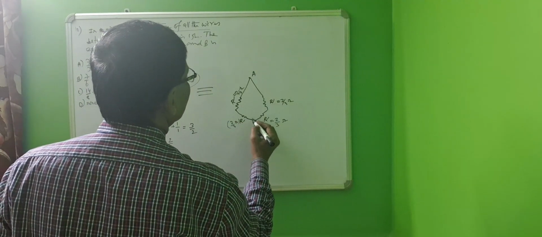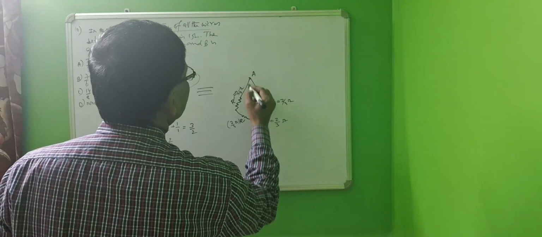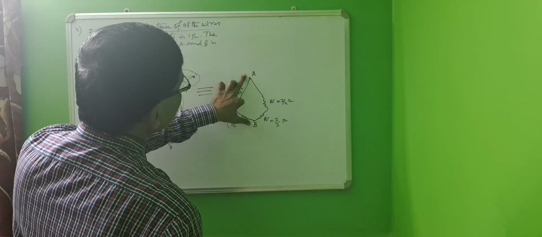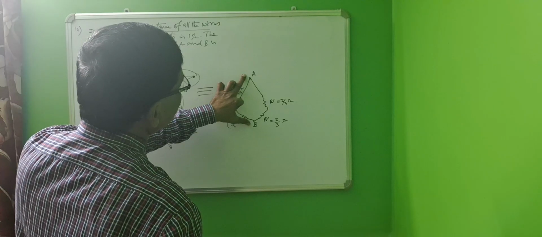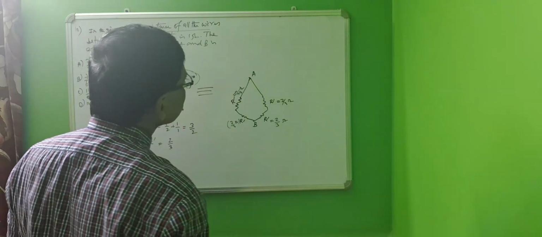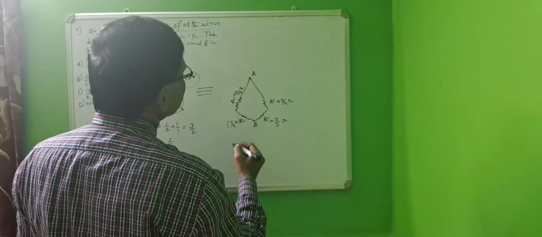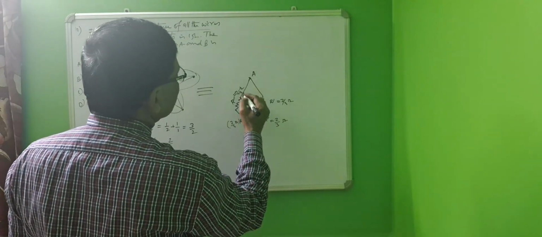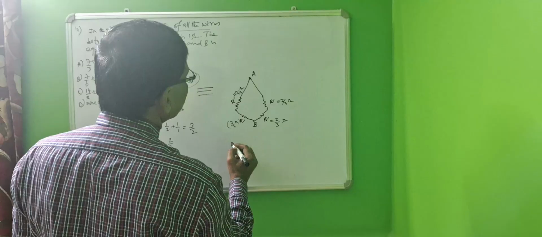Now between A and B, equal resistance, RS plus RS we get.